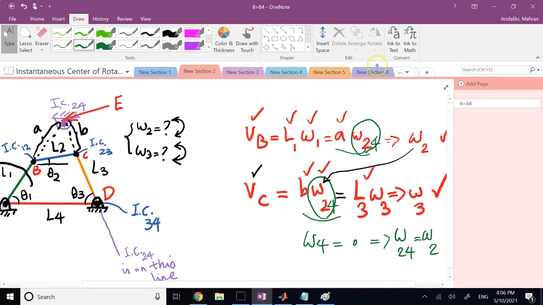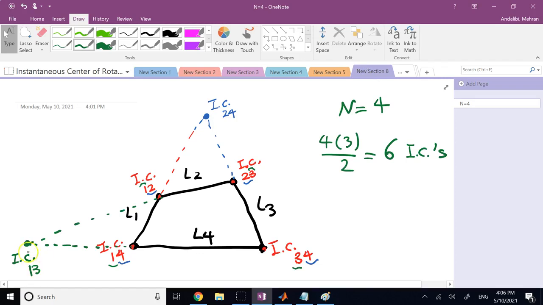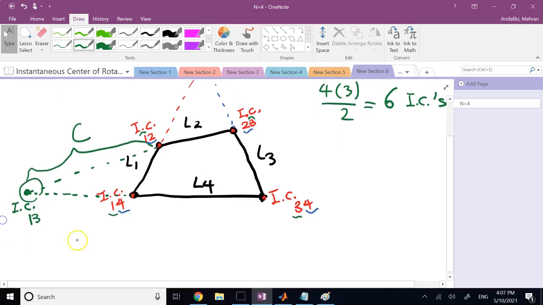Okay, no problem. But here, if I want to use this point, this is 1 with respect to 3. So the omega that I have to use is omega of object 1 with respect to object 3. But 3, the reference for 1, or 1, the reference for 3, they are both rotating. So if I, let's say, find this distance from here to here, I call this distance C, then I can say velocity of this point, whatever this point is, let's call this point A. Velocity of point A equals L1 omega 1, where this is omega 1, right?